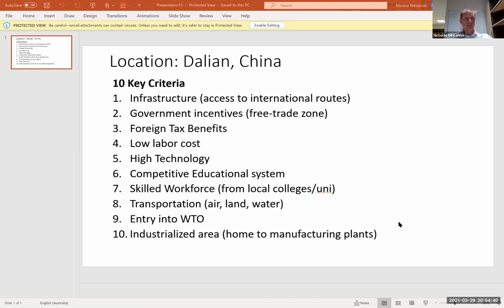Okay, I'm just capturing this quickly. 1, 2, centers. Yes, maybe the incentives and the tax are similar. 4, 5 is high tech.